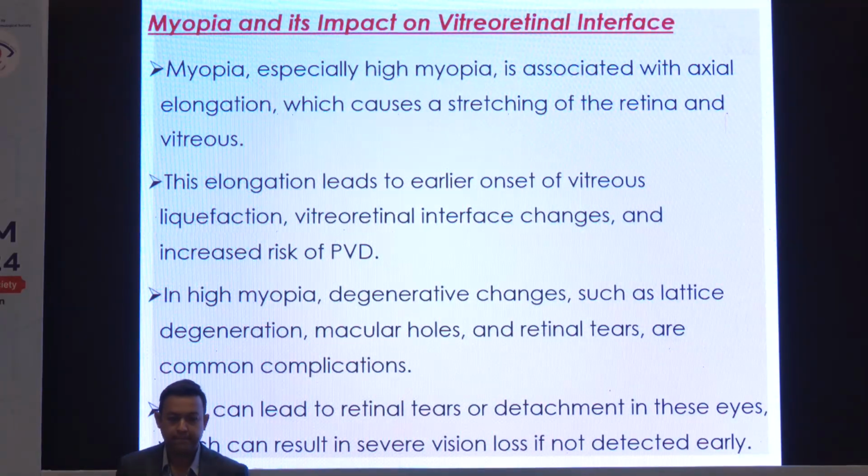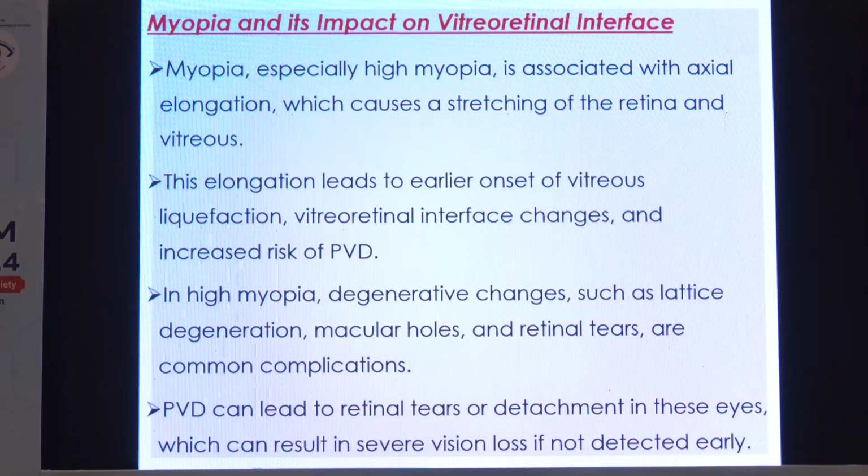Myopia and its impact on the vitreoretinal interface. Myopia, especially high myopia, is associated with axial elongation, which causes a stretching of the retina and vitreous. This elongation leads to earlier onset of vitreous liquefaction, vitreoretinal interface changes, and increased risk of PVD.